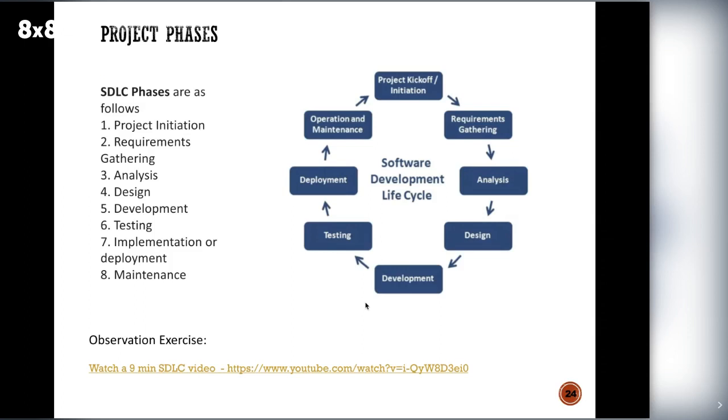After the development has been completed, the next stage is the testing phase. The testing phase is the phase whereby the QA, the quality assurance team, will test all the features.